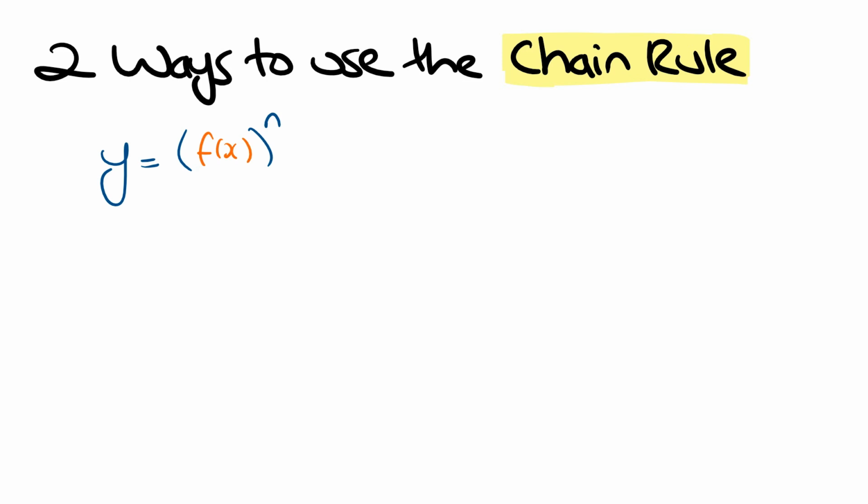So we derive this using the power rule. dy dx is going to be n times f of x raised to the power of n minus 1. We drop the power, multiply it to f of x, treating this as one term, and then take 1 off the power. The only difference is that from here, we multiply this by f dash of x.